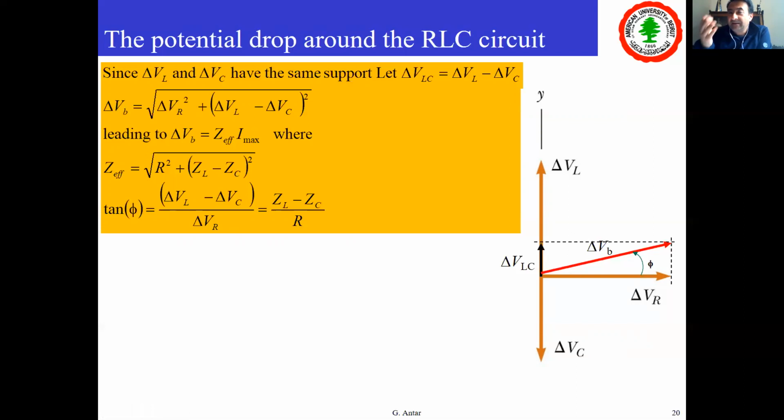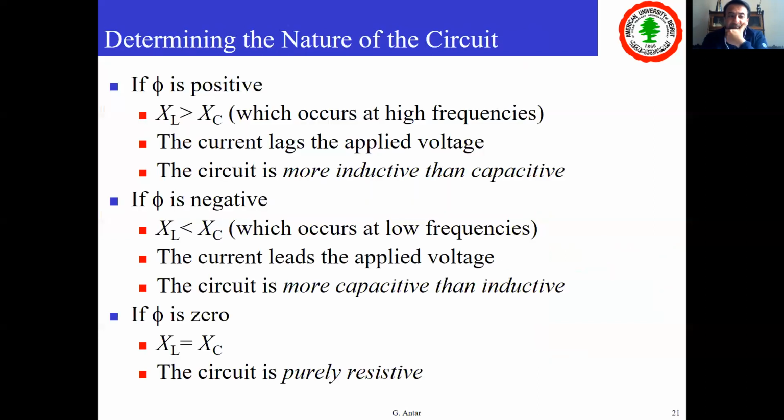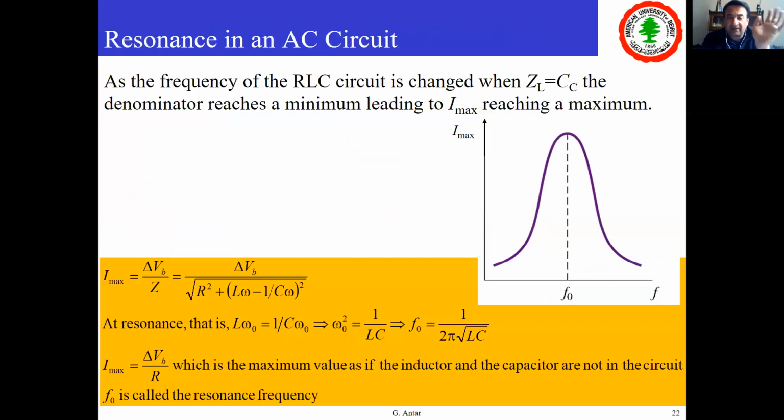Consequently, tangent of phi is simply (ZL minus ZC) divided by R. In this case, I calculated delta VB max, which is equal to Z effective Imax, and the phase phi, which is equal to arctangent of (ZL minus ZC) divided by R. And so I have my potential difference around my battery. If phi is positive, then it's more inductive than capacitive, etc. This is not important.